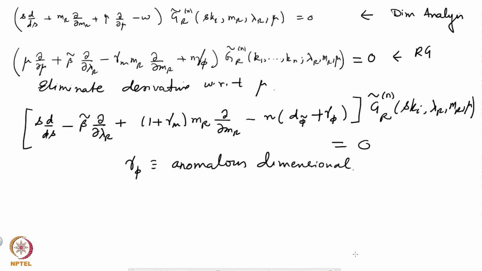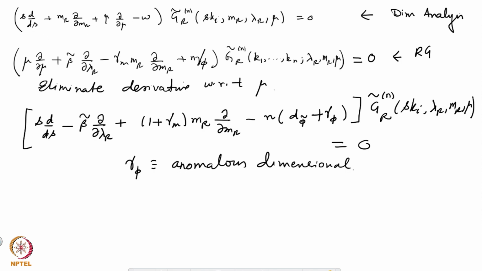Okay, let's continue our discussion on renormalization group equations. So let me remind you what we have done so far. You see the first equation here. This one was purely based on dimensional analysis.